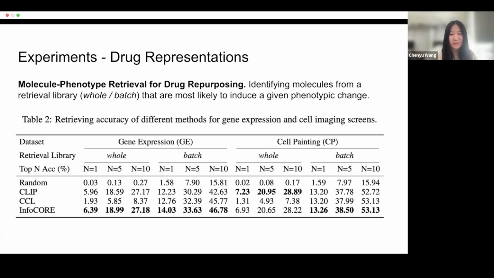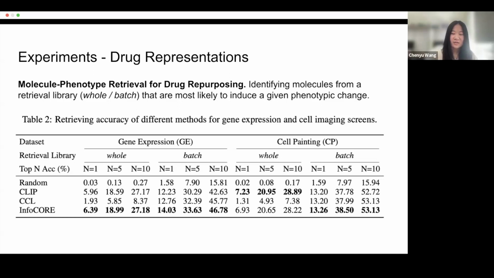And this is useful for drug repurposing because, for example, we know the gene expression of the healthy state and the disease state of a cell, and we want the drug to shift the gene expression from the disease state to the healthy state.